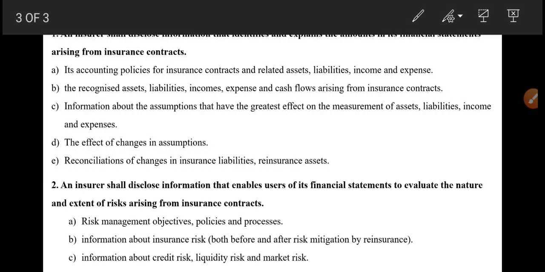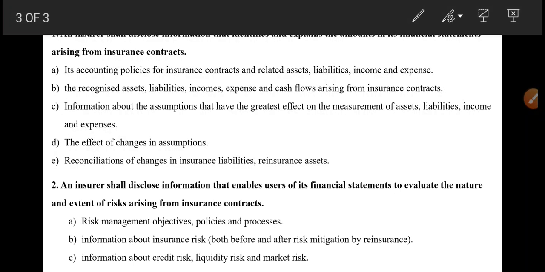Okay. And the second thing is, an insurer shall disclose information that enables users of its financial statements to evaluate the nature and extent of risk arising from insurance contracts. So here the insurer, which means the insurance company, has to disclose information regarding financial statements which enables users to understand and evaluate the nature and extent of risk arising in the preparation of financial statements and even in insurance contracts.